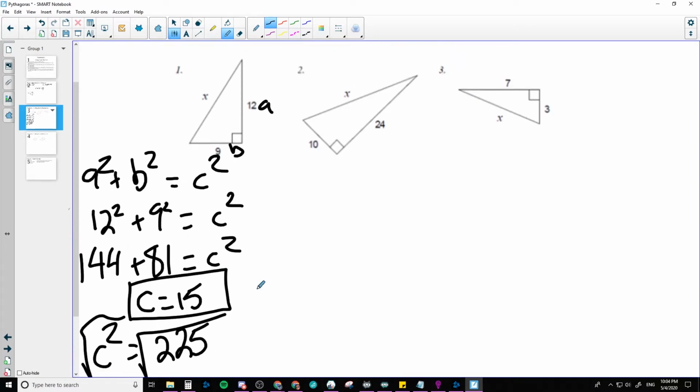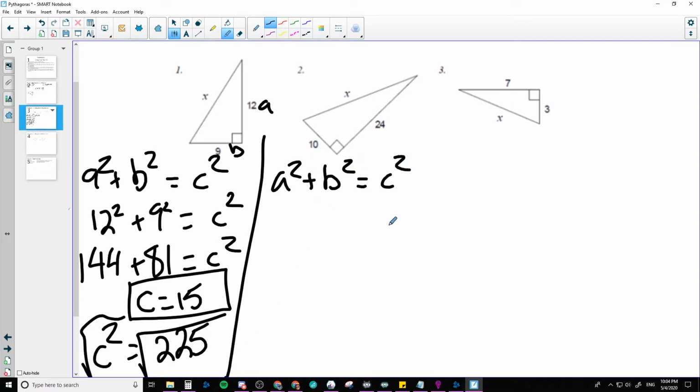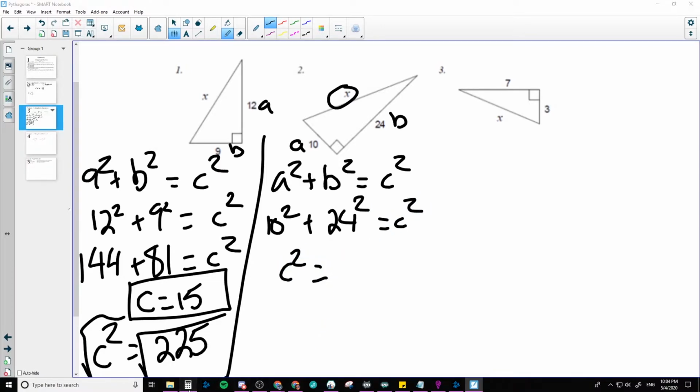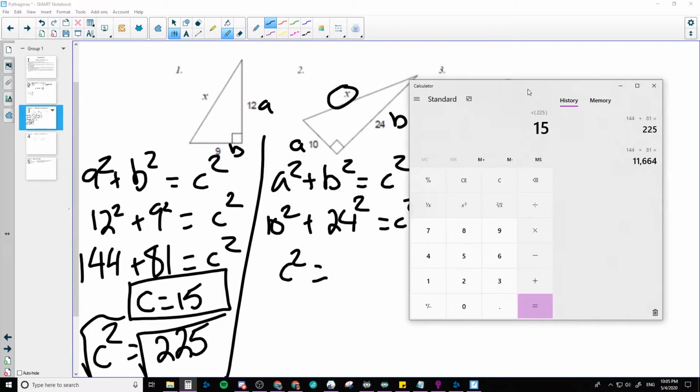Okay, let's do another example here. A squared plus B squared equals C squared. These are the simple versions where we're solving for the hypotenuse. All right, I'm going to call 10 A and 24 B. So 10 squared plus 24 squared equals C squared. C squared equals, let's put this into our calculator here.